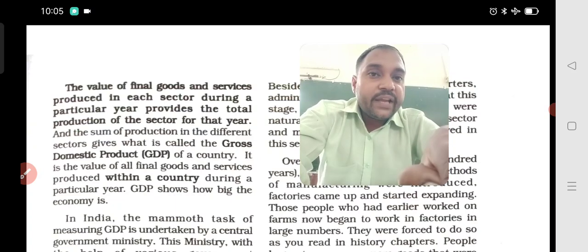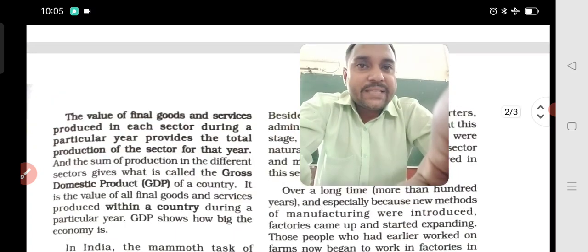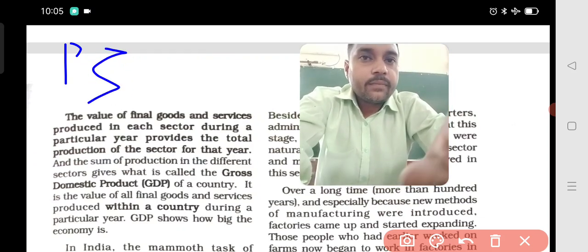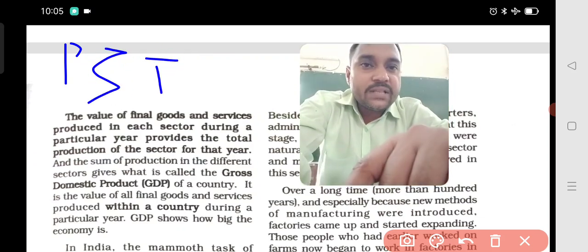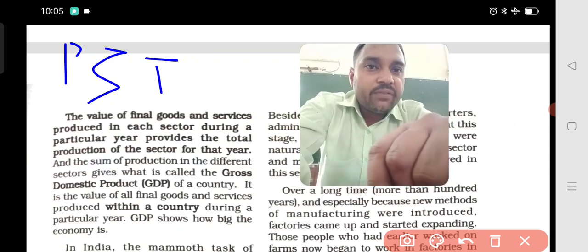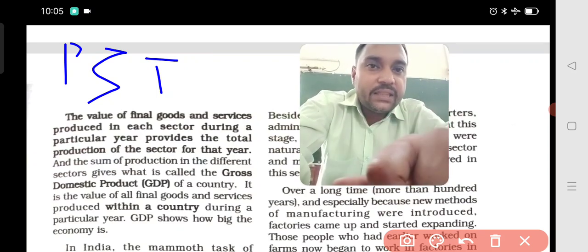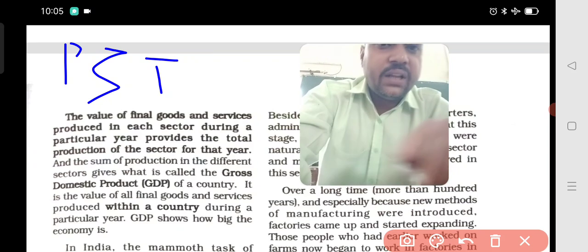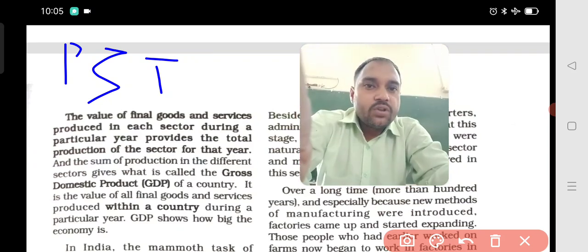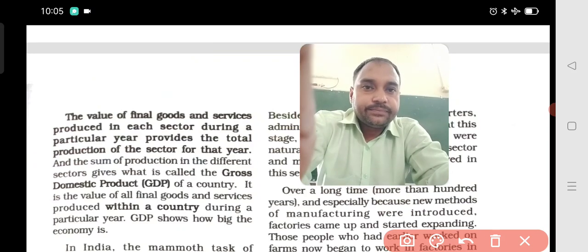Each sector of the economy, like primary, secondary and tertiary, whatever products they produce in the economy, if we aggregate the value of those products, if we total them, then that value is known as gross domestic product, GDP.